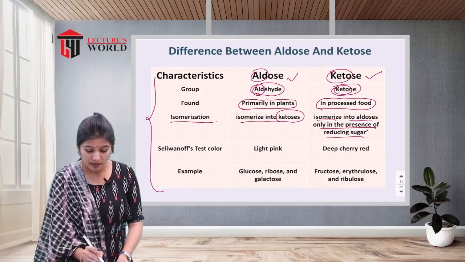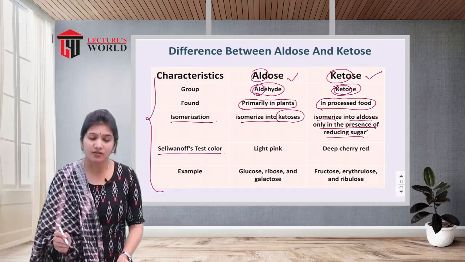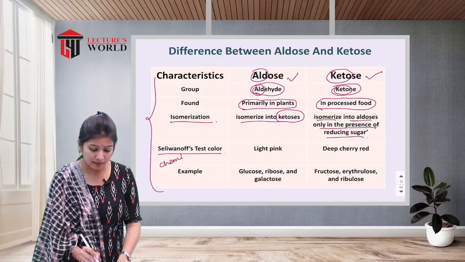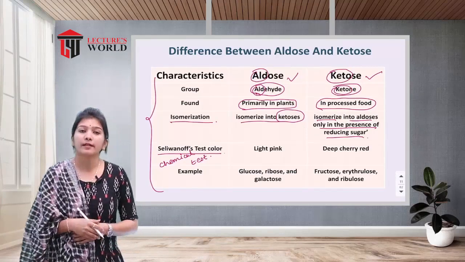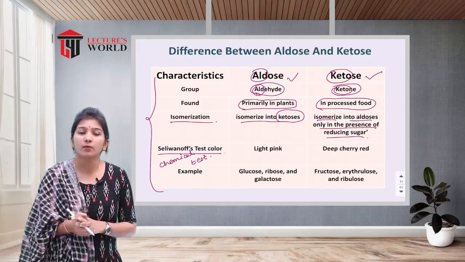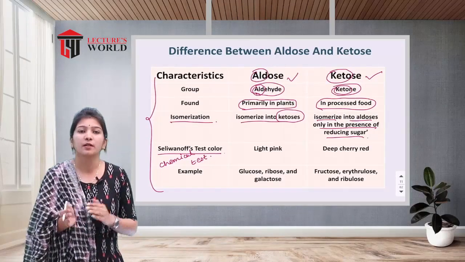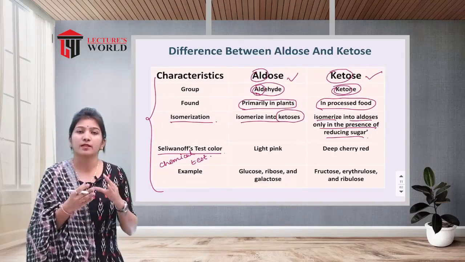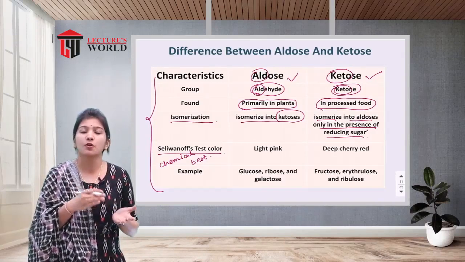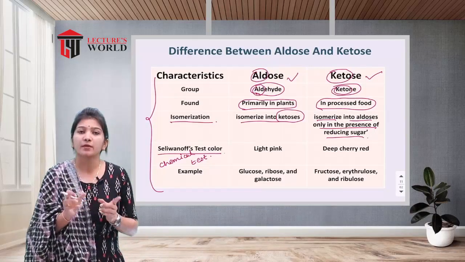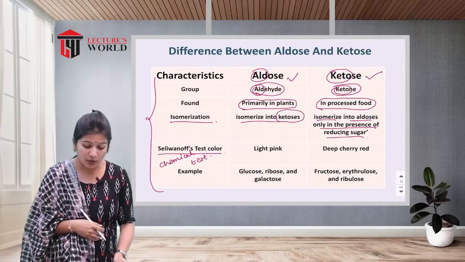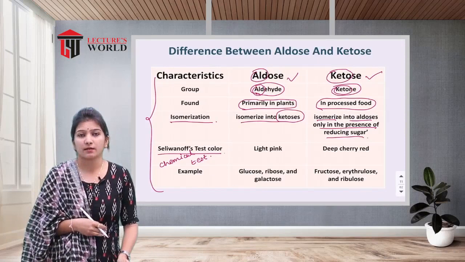The next characteristic is the Seliwanoff test color. This is a chemical test. These tests are generally performed to distinguish between aldose and ketose. If we want to know whether a sample is aldose or ketose, to differentiate between the two samples, we perform this chemical test, known as the Seliwanoff test.